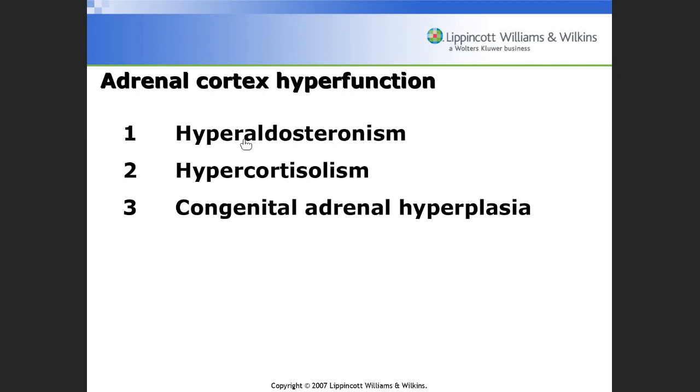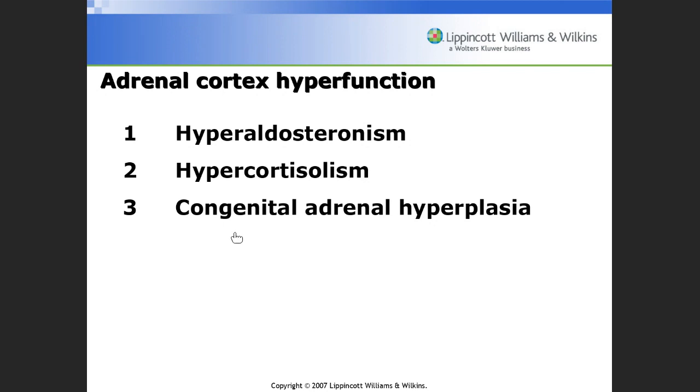Of those layers, the zona glomerulosa in fact puts out aldosterone, which can lead to hyperaldosteronism, while zona fasciculata gives rise to hypercortisolism, which is related to Cushing syndrome, if you will. So this is too much aldosterone, and aldosterone stimulates the kidney to take back sodium, so your sodium will be very high.